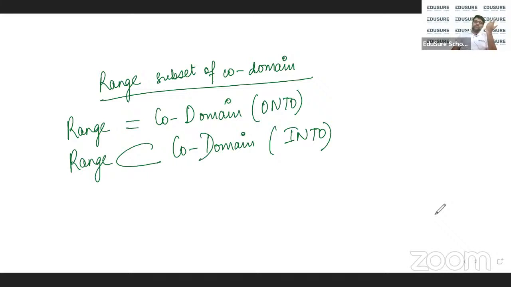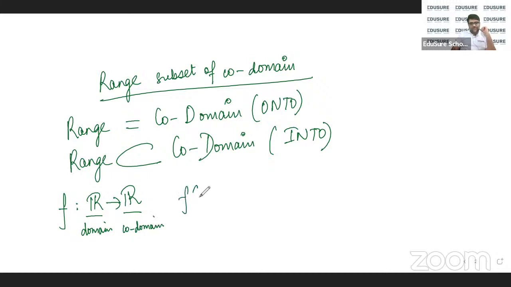Sir, example. Okay? Example. You must see this kind of a framework whenever you see a function question, especially in these entrance examinations. This first set of all real numbers is the domain, and the second set of real numbers is the codomain. And if the function f(x) is equal to, say, x square, so x square will obviously take only values greater than or equal to 0.